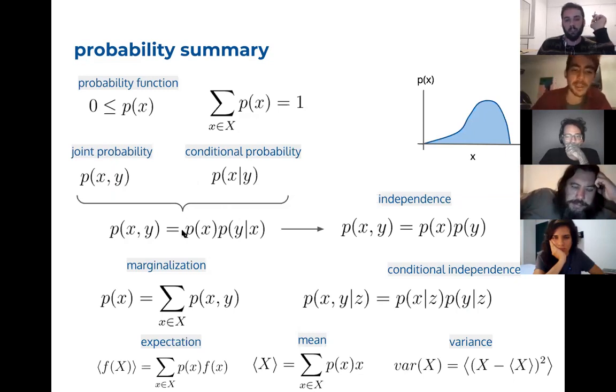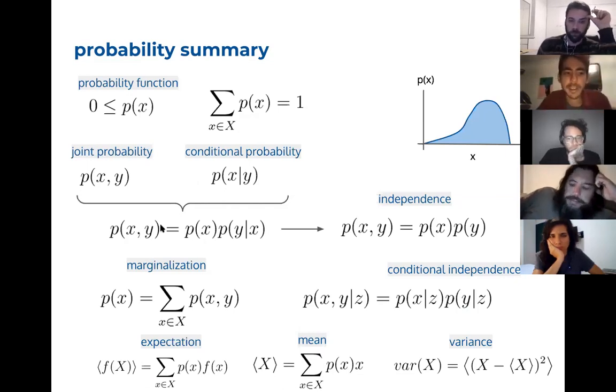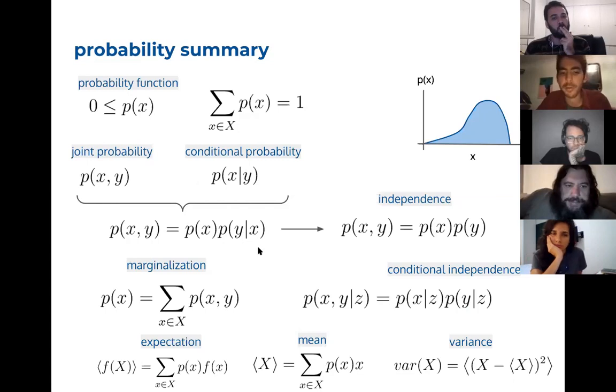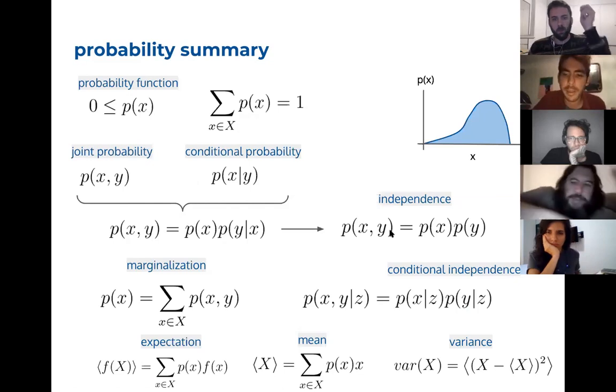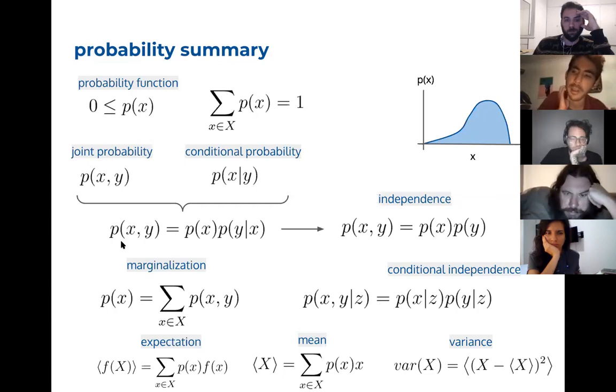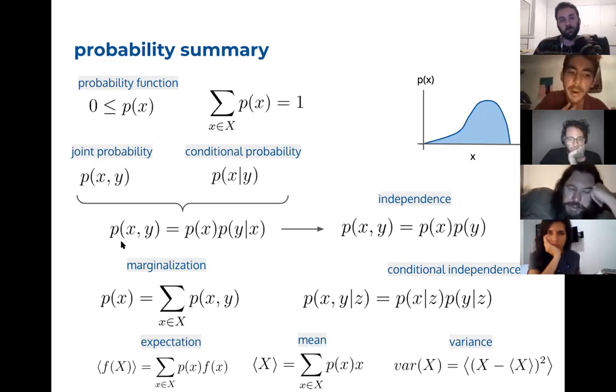And they're related through a relation which is, I think, maybe an axiom of probability, which says that the probability of X and Y happening is the probability of X happening times the probability of Y happening given that X happened. And when X and Y are independent, you can factor this: P of X and Y is P of X times P of Y. Something that's also relevant is marginalization, in which a joint probability gives you the full information about how X and Y are related.